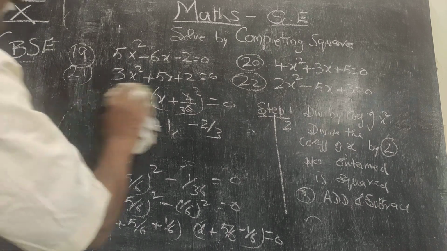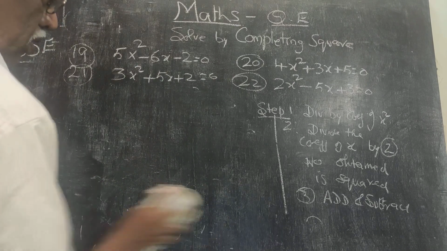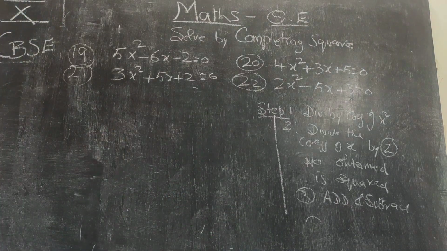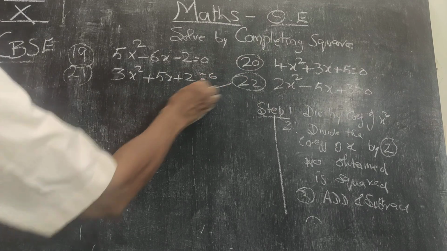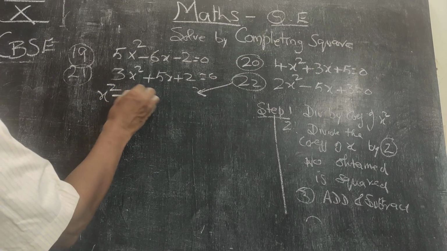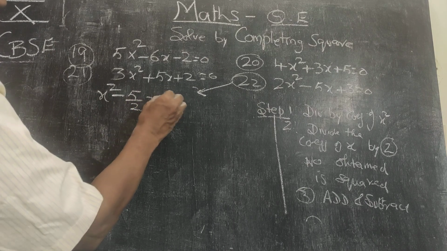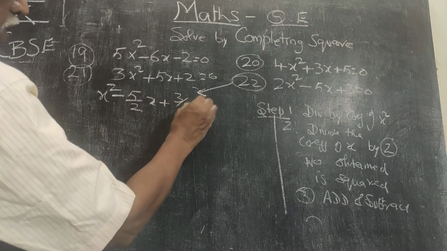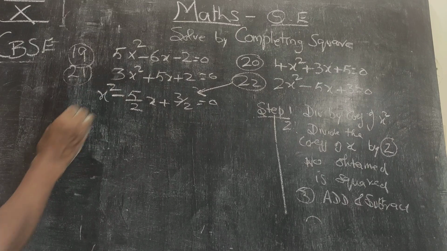Now I go to the last problem. So first step, I am dividing by 2. Equal to 0. You rewrite that.